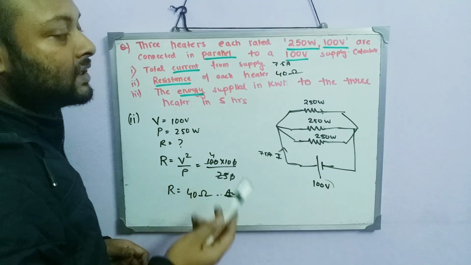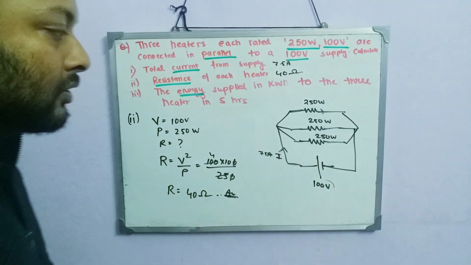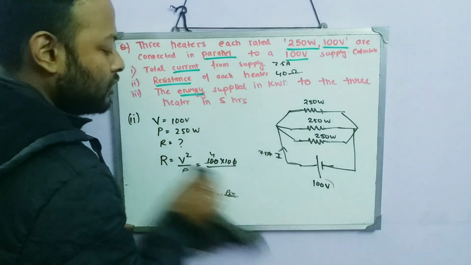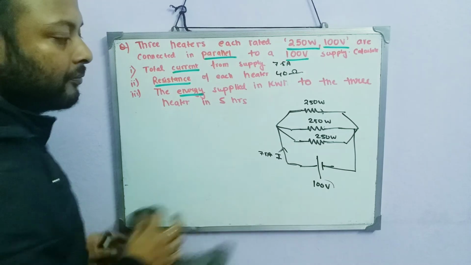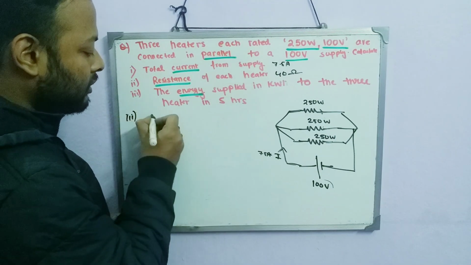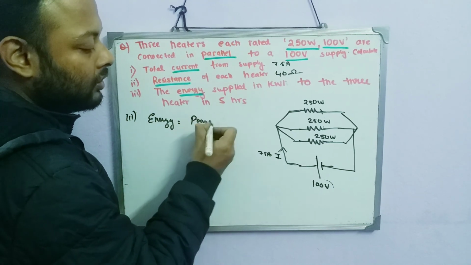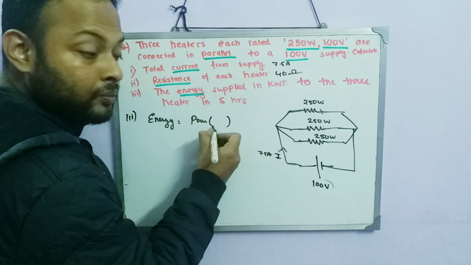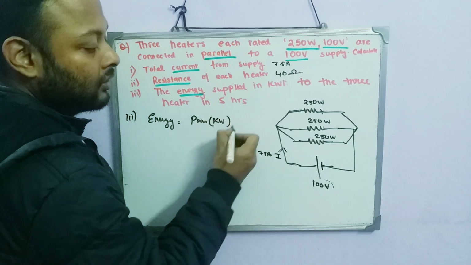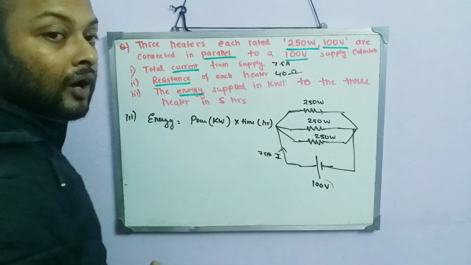Now the energy supplied in kilowatt hour to the 3 heaters in 5 hours, which I think is also very easy. So energy supplied. For the third part, energy supplied is equal to power, but the power should be calculated in kilowatt, into time, and the time should be calculated in hour.